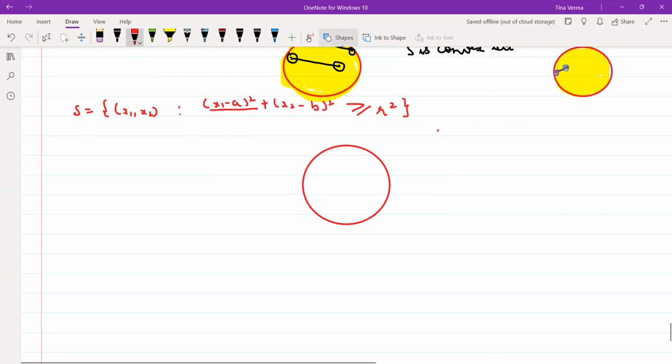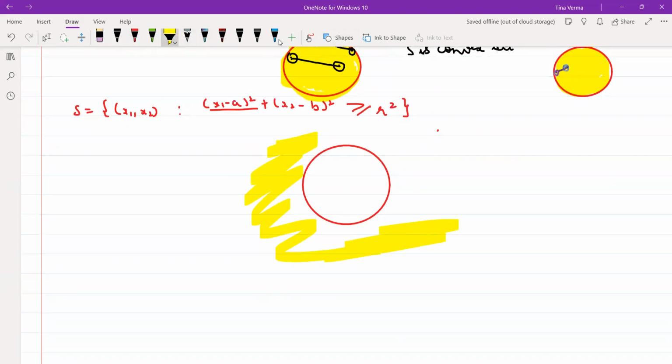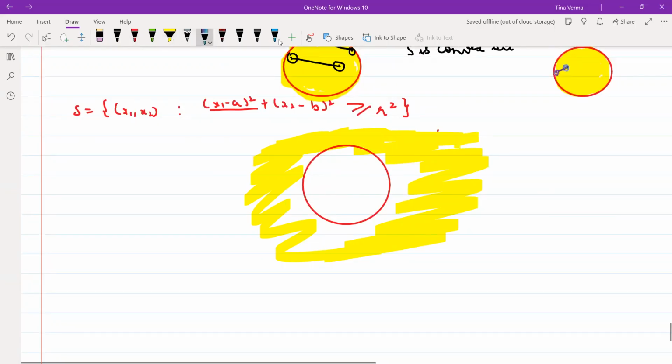So greater than or equal to R square means the region is outside the circle.